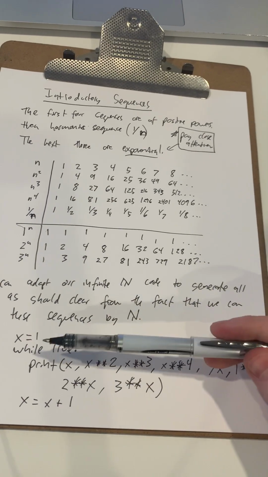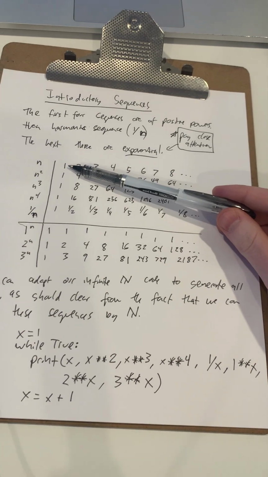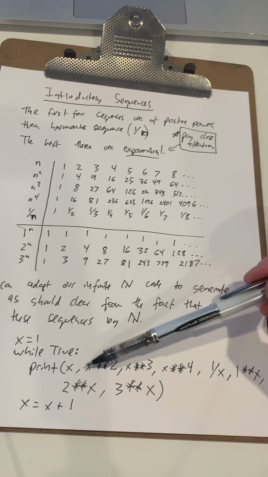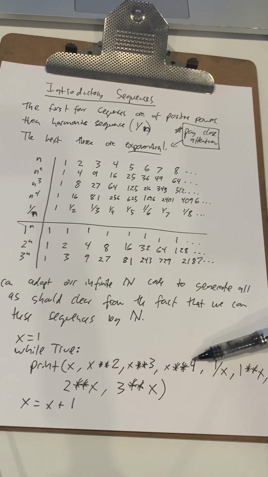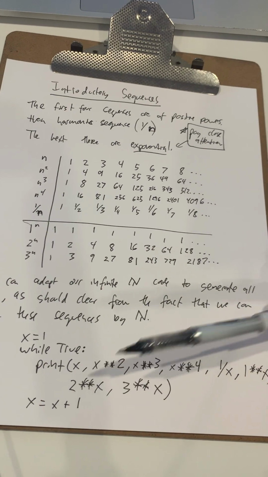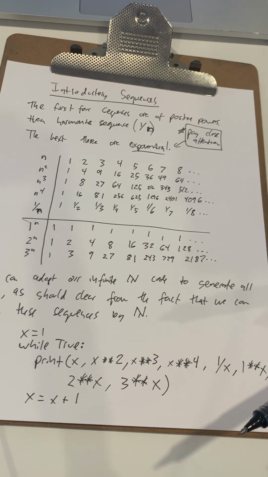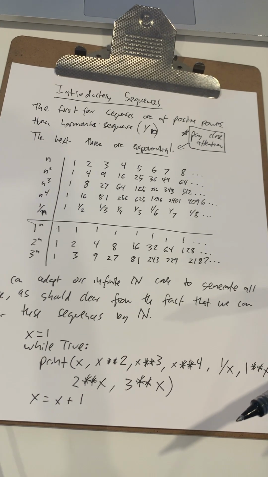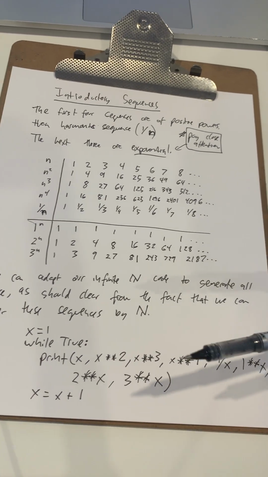Each time this runs, we start at 1. We generate our first value, 1 up here. If you look at it, we go through 1 squared is 1, 1 cubed is 1, 1 to the 4 is 1, 1 over 1 is 1, 1 to the 1 is 1, 2 to the 1 is actually 2.